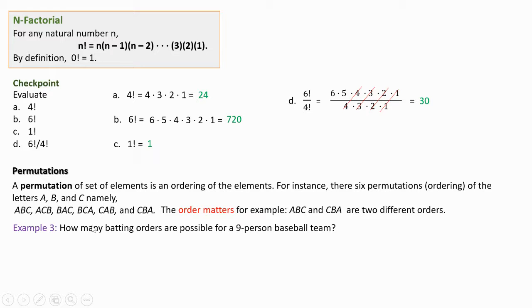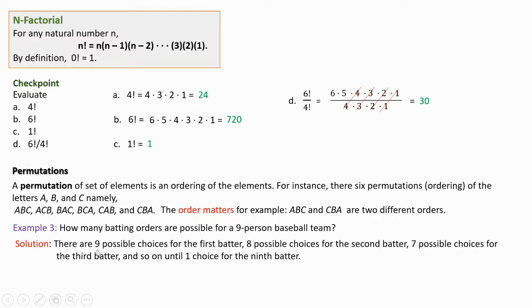Example 3. How many batting orders are possible for a 9-person baseball team? In baseball, guys, there are 9 starters, 1 for each position, and they all have to bat. So there are 9 possible choices for the first batter, 8 possible choices for the second batter, and so forth.